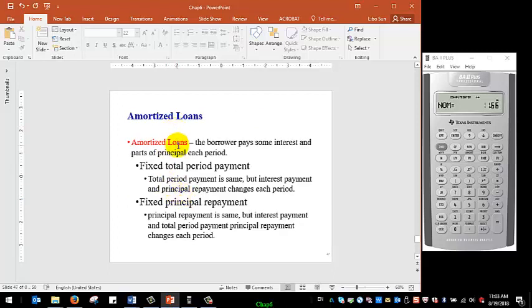For amortized loans, every period both interest payment and principal are paid, but sometimes principal is paid in the same constant amount. But like in the case of a mortgage or auto loan payment, the total payment is the same, while the interest component and principal repayment are changing every single period.